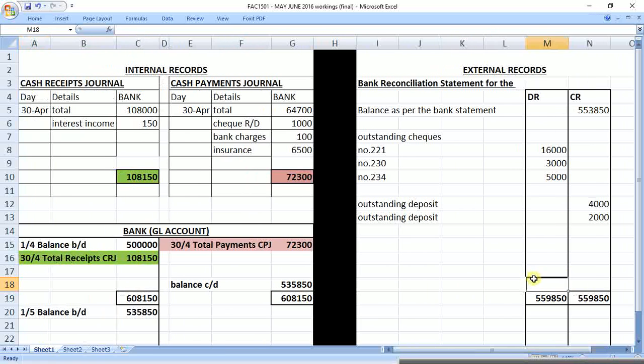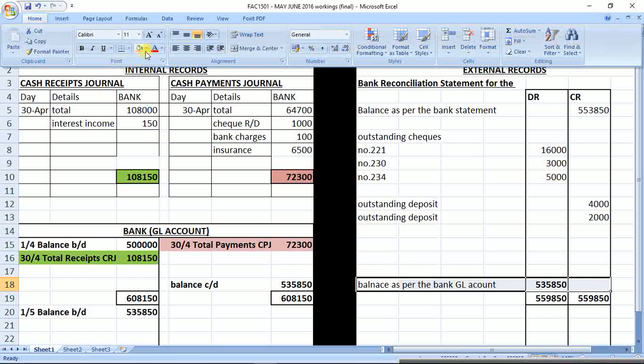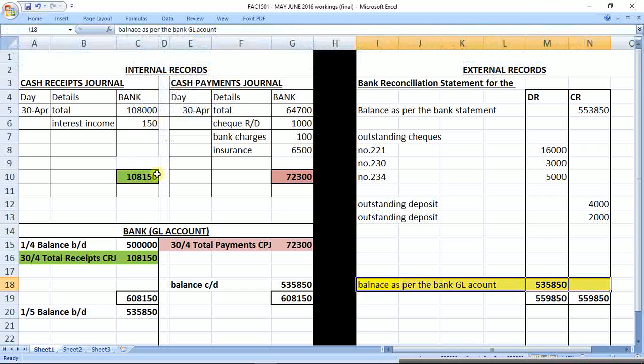Balance is this minus that minus that minus that gives me hopefully the same answer. Is it? Yes. Yay. Awesome. Balance as per the bank general ledger account.